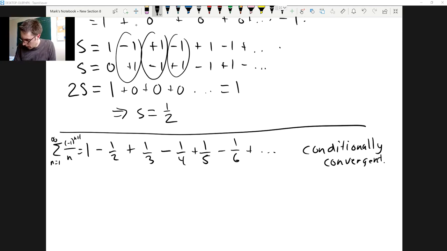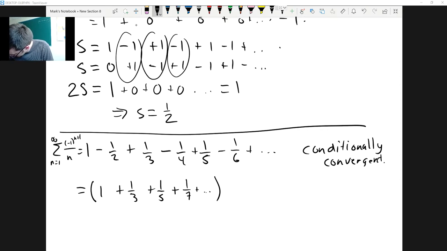All right, so here's what I want you to notice. First of all, if you look at all of the terms with an odd denominator, they have a plus sign, right? 1 over 1, 1 over 3, 1 over 5, they all have plus signs. And so we could imagine rearranging things as 1 plus 1/3 plus 1/5 plus 1/7, and so on.